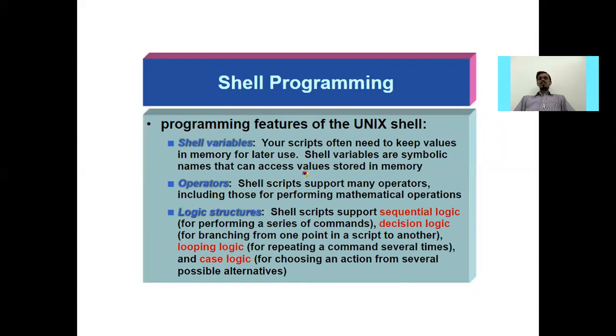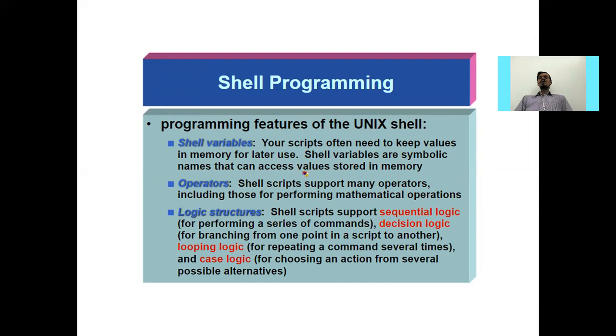The programming features of the Unix shell are as follows. First is shell variable. Your scripts need to keep values in memory for later use. If we want to use values in memory later, we use shell variables.